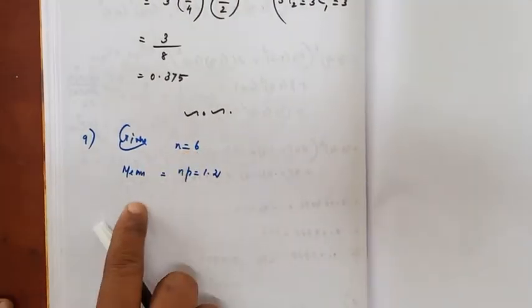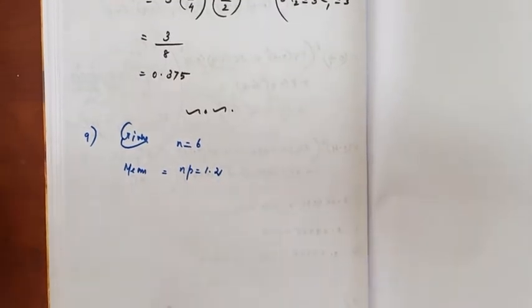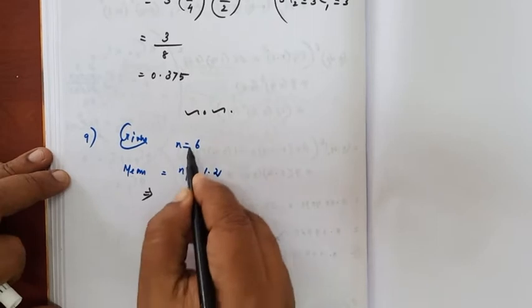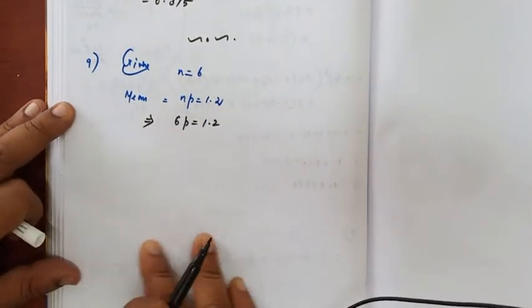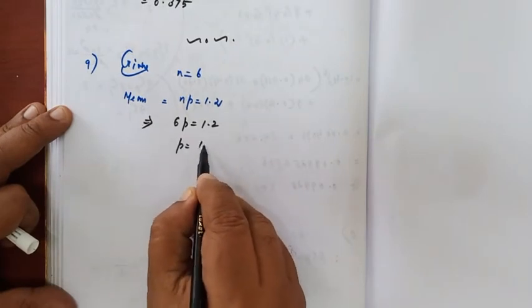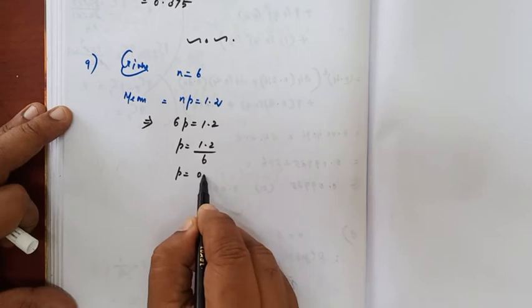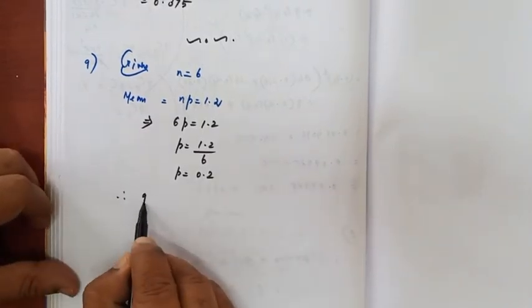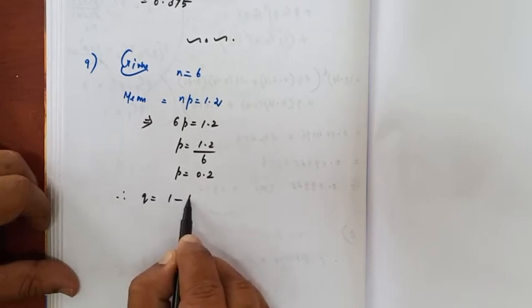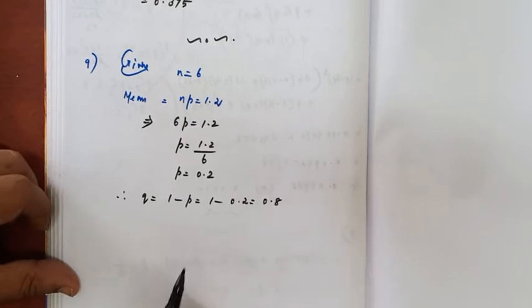n equal to 6, mean equal to the formula np equal to 1.2, which implies n value 6 into p equal to 1.2. Therefore, p equal to 1.2 divided by 6 equal to 0.2. Therefore, you know the formula for q equal to 1 minus p, that is 1 minus 0.2, equal to 0.8.